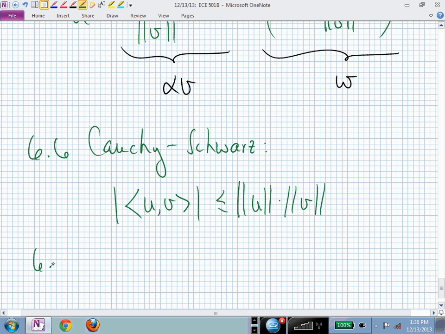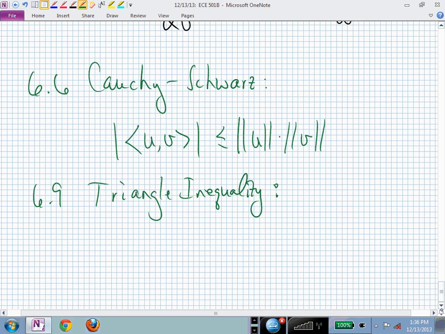We have the triangle inequality, which basically says that if we were dealing in a two-dimensional plane, any two sides of the triangle have to be longer than the third side. So in a vector sense, generalizing that, we say u plus v's norm is less than or equal to the norm of u plus the norm of v.